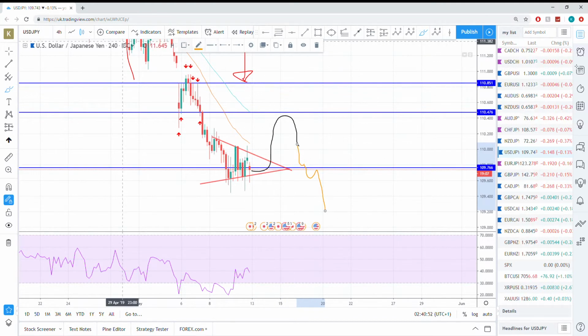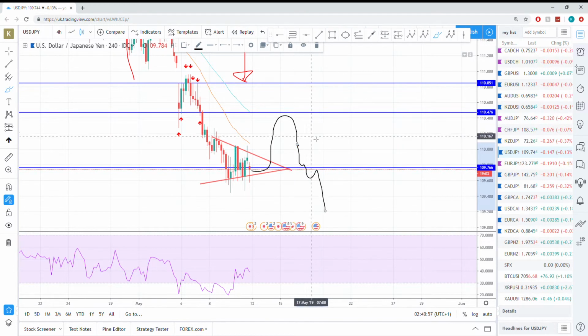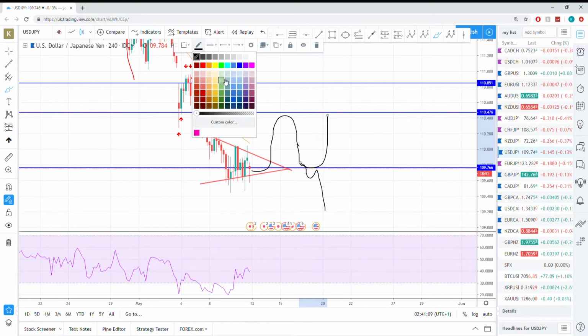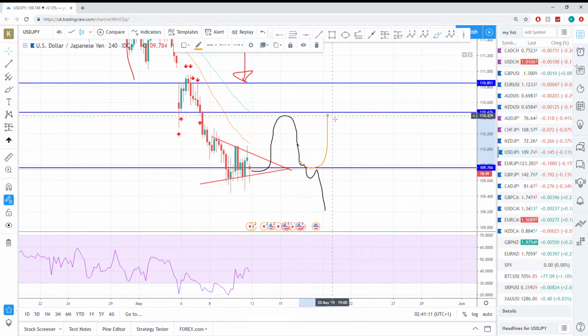Sorry, if we undo that. If price came all the way here and retested this, but then went upwards, we are looking for some sort of change in momentum. So we would expect to see change here and here.